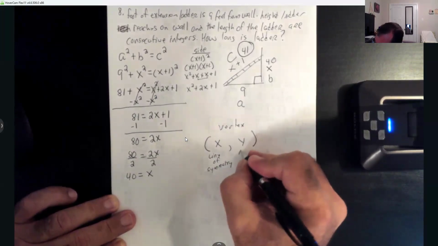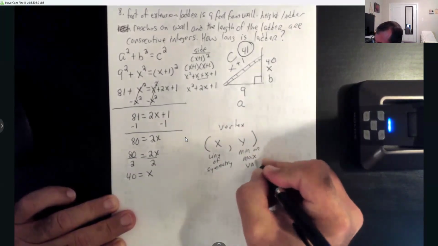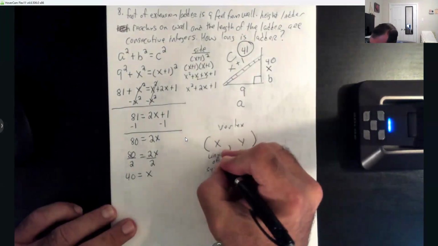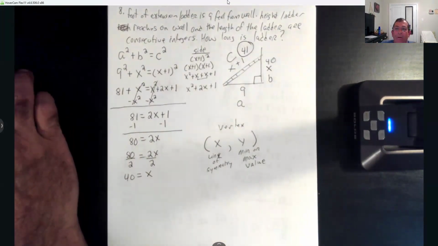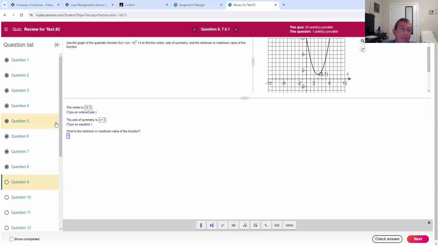The y is the min or max value. Okay? That's what this vertex is telling me. All righty, so I think we filled that in. Yeah, we got the min or max value was 1. Now you don't have to put y equals 1 on that, because that's just a value. The reason we put an x equals is because the line of symmetry is an imaginary dotted line, okay?